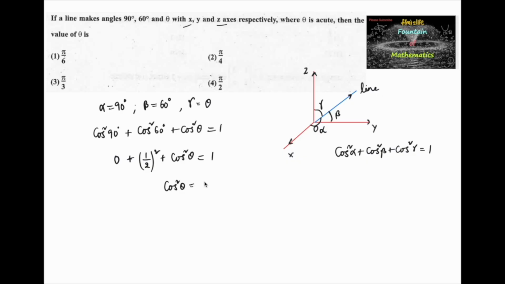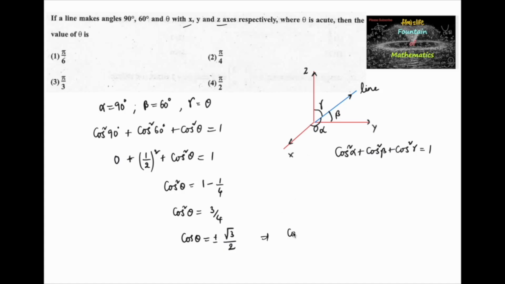1 by 2 whole square, which is 1 by 4. So we can write cos square theta is equal to 3 by 4, or cos theta is equal to root 3 by 2. So we can consider plus or minus root 3 by 2. But here theta is an acute angle.